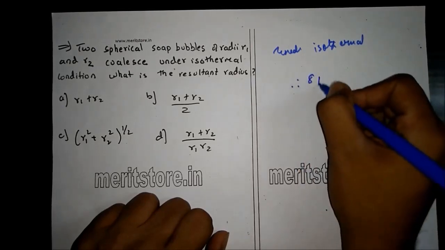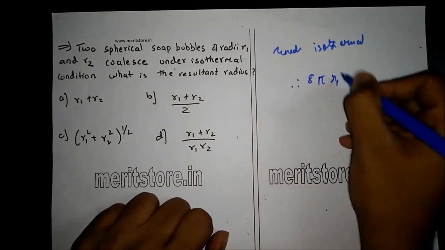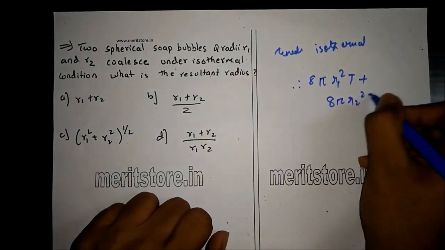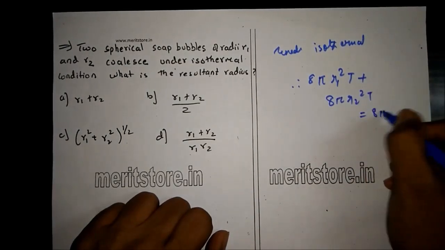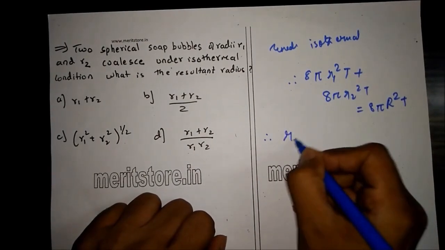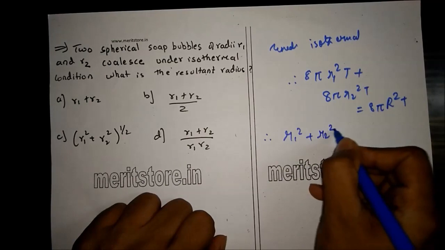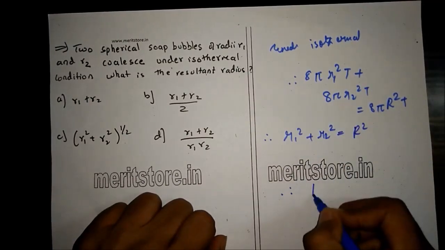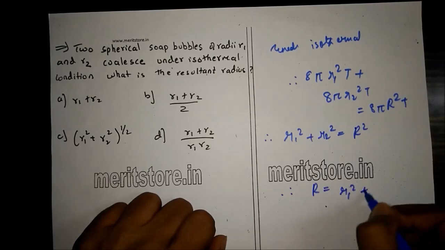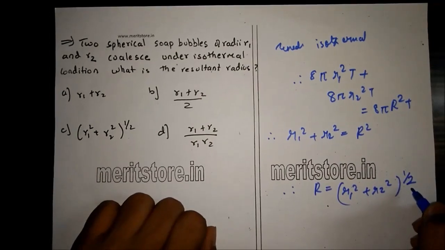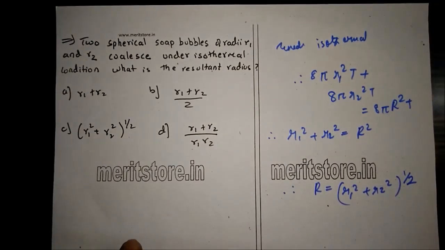Therefore, 8 pi R1 square into T plus 8 pi R2 square into T will be equal to 8 pi capital R square into T. Therefore, R1 square plus R2 square will be equal to capital R square. Therefore, R will be equal to R1 square plus R2 square raised to half. Therefore, the correct answer will be option C.